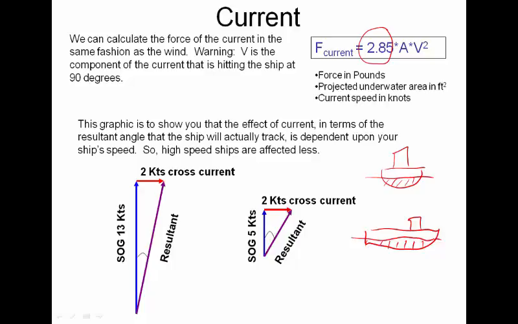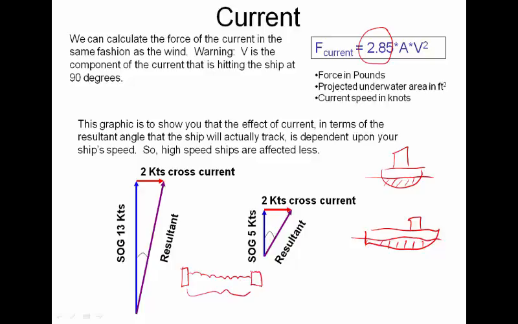Something interesting about this case, though, is as I go faster, the current has less of an effect. So think about this as sitting stationary for a while and drifting in the water. If I'm drifting in the water over a period of time, my vessel's sitting here, if I clock that time, it should be a certain amount of time is going to get me a certain amount of distance.